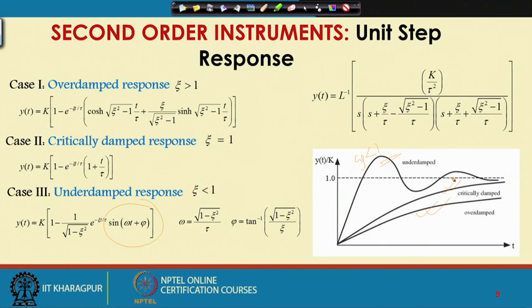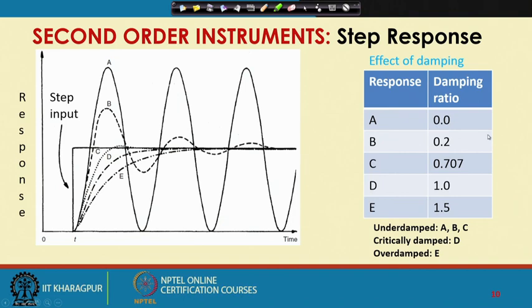So, oscillations are reduced by increasing the value of zeta. This once again shows the effect of the damping factor or damping ratio zeta on the step response for a second order instrument.